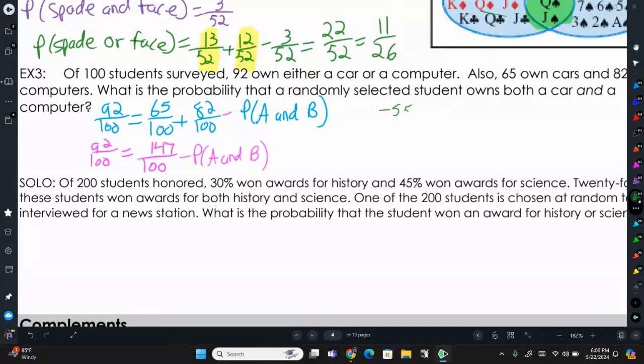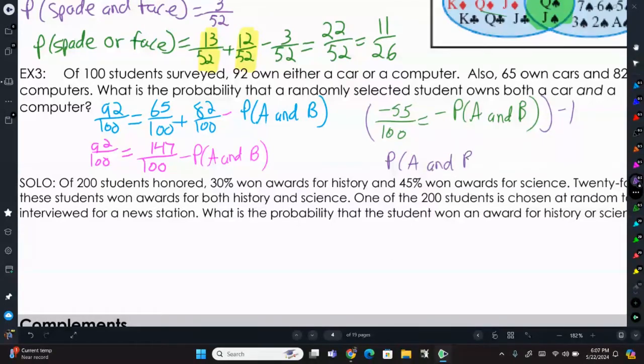So negative 55 over 100 equals negative probability of A and B. Well, if they're both negative, then we can multiply everything by negative 1 to make it positive. So the probability of A and B equals 55 over 100. So the probability of selecting a student that owns a car and a computer is 55 out of 100.